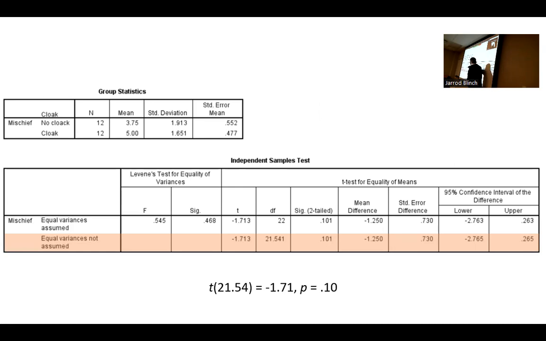Here, it's changed by so little that it doesn't make any difference in 3 decimal places, and that can happen. So what you would do is you would report equal variance is not assumed with your degrees of freedom to 2 decimal places, same t-value here.